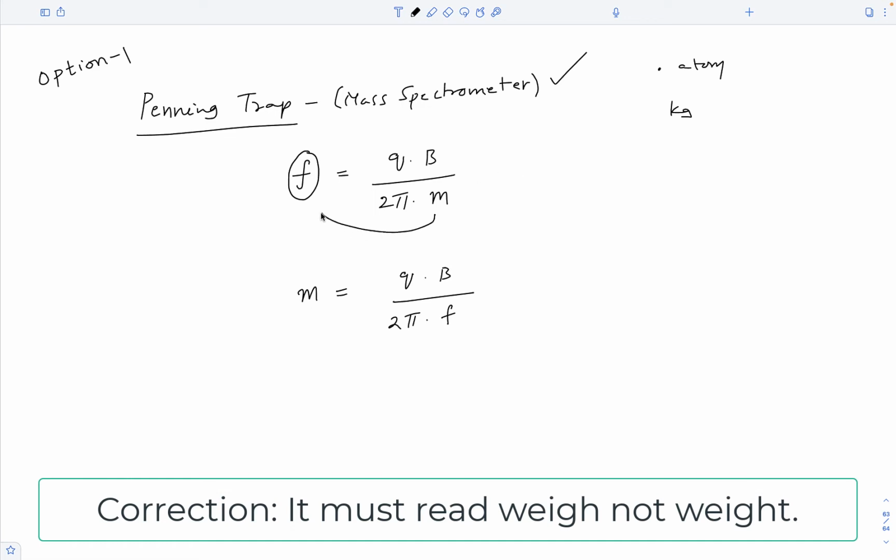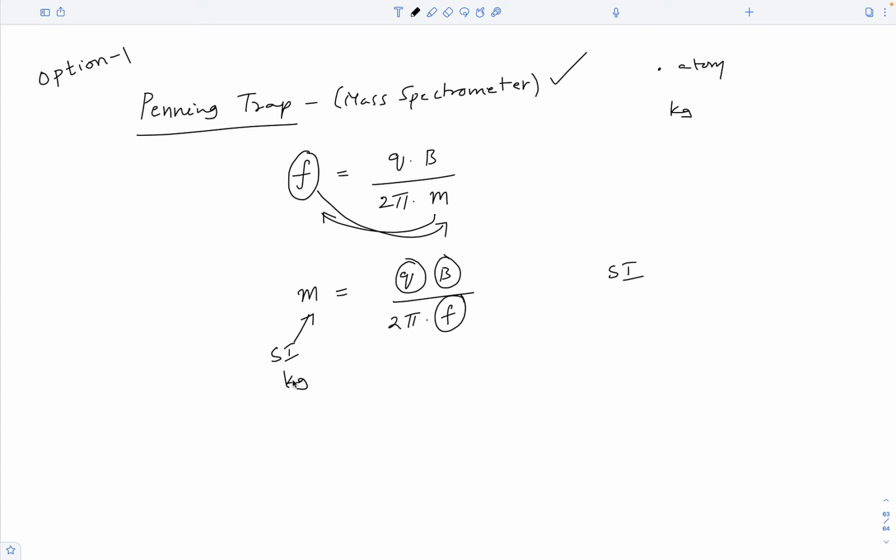To get an expression for the mass of the ion, move m to the left hand side, f to the right hand side, then m is equal to q times B over 2 pi f. Now we may argue that if we substitute the values of f, B and q in SI units, then we would automatically get the mass of the ion also in SI units, that is in kilograms. Of course we can do that.